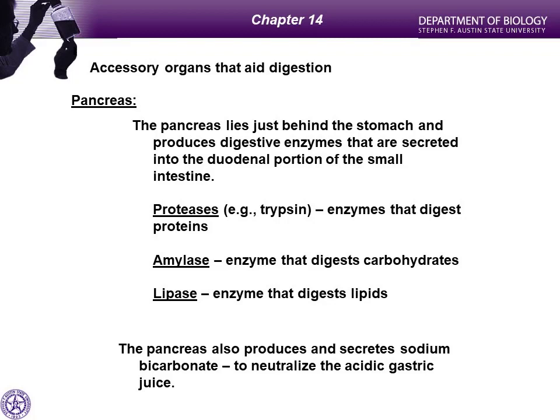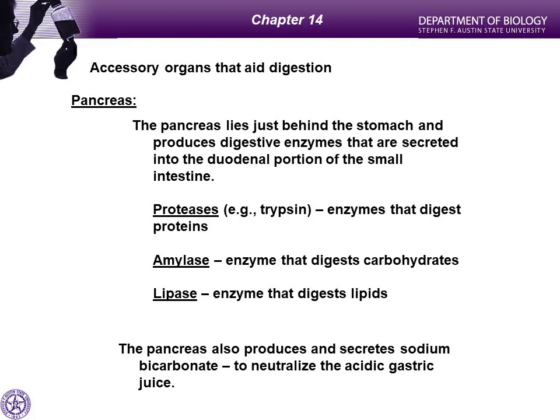The one at the bottom, lipase. Lip. What do you think we're breaking down here? Lipids, fats. Now this is going to be the hardest one to remember. Do we have anyone in here named Amy? Invariably I have an Amy in the class, so she doesn't have to be afraid this enzyme's not going to melt her.